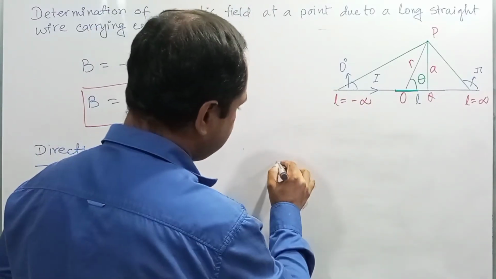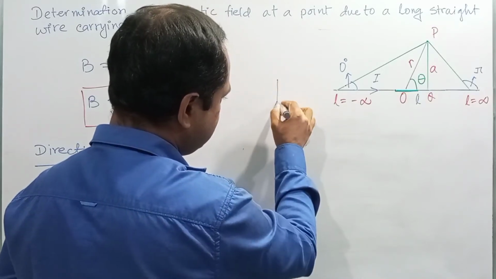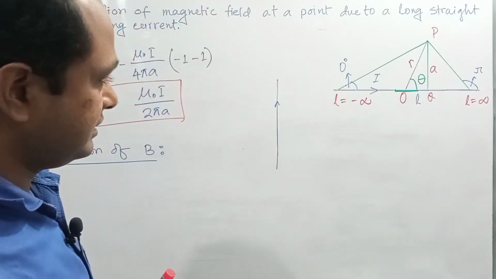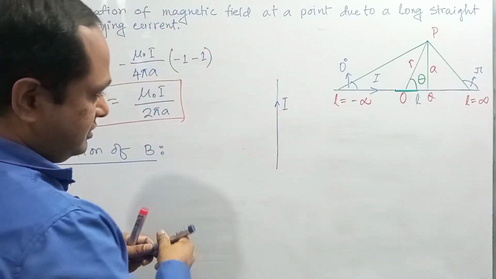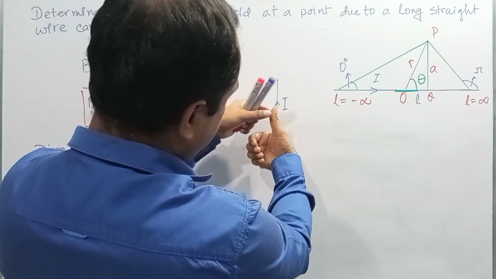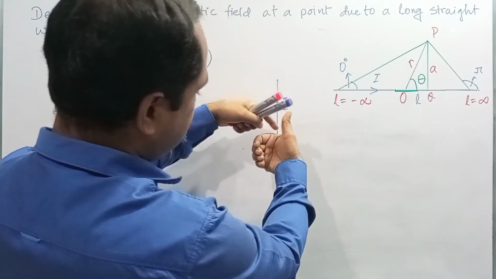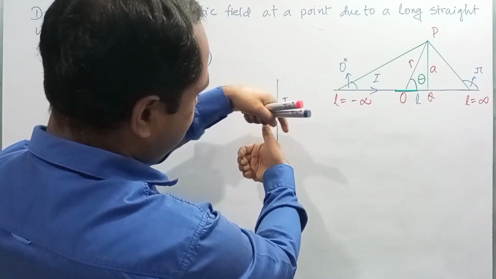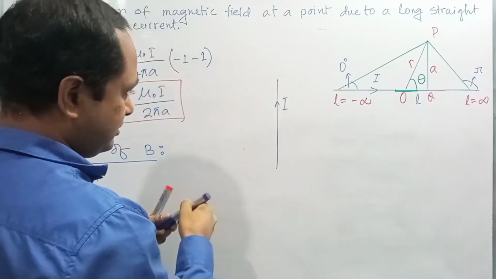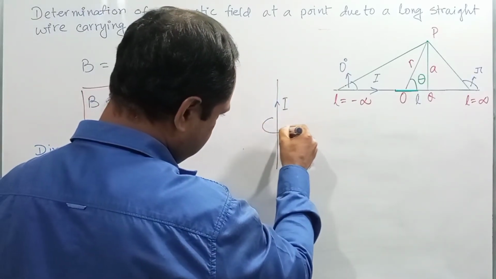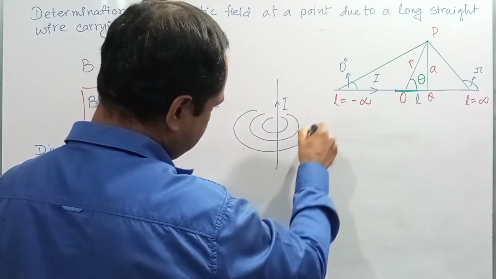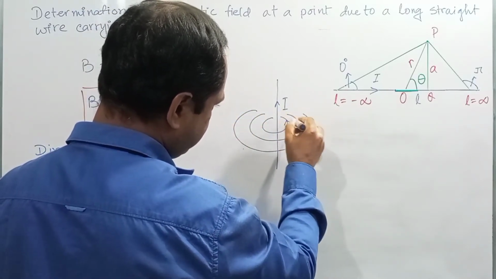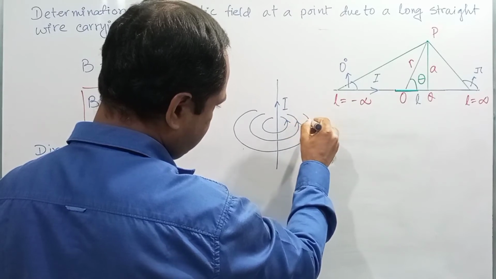If I describe with the figure, dear student, if the wire is carrying current in the upward direction, then the direction of the magnetic field will be around the current carrying conductor, like this.